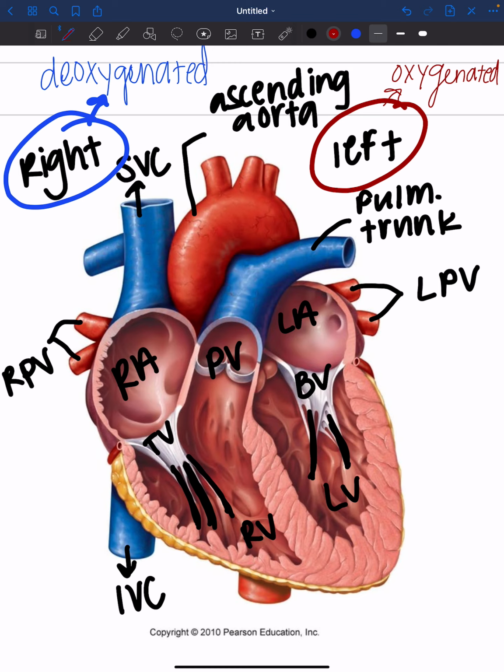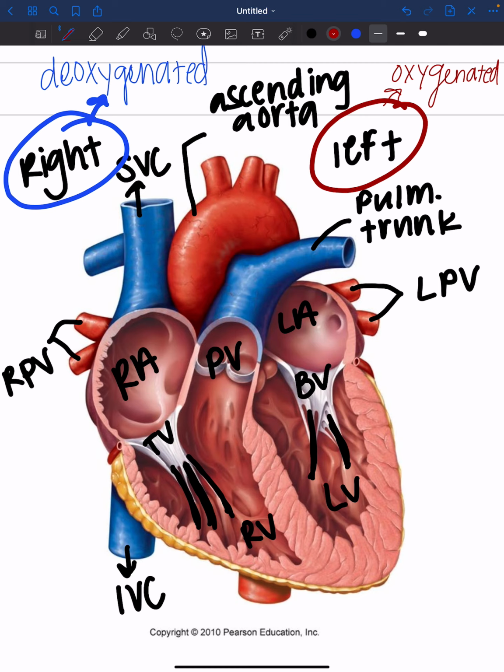We don't want carbon dioxide, okay? Then the oxygenated blood is going to flow back to the heart, okay? So our deoxygenated side is just releasing carbon dioxide.